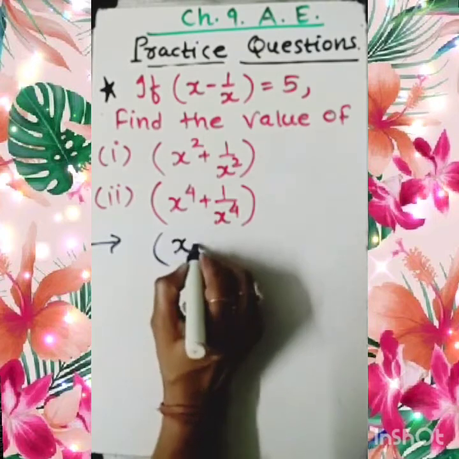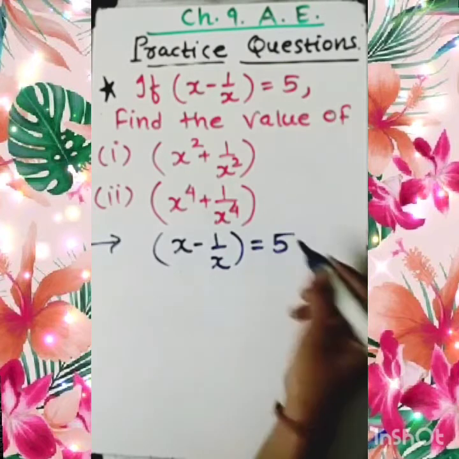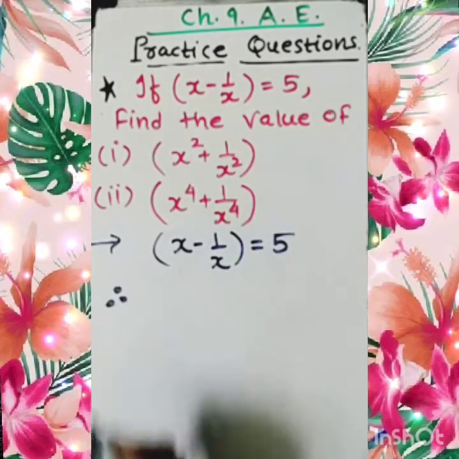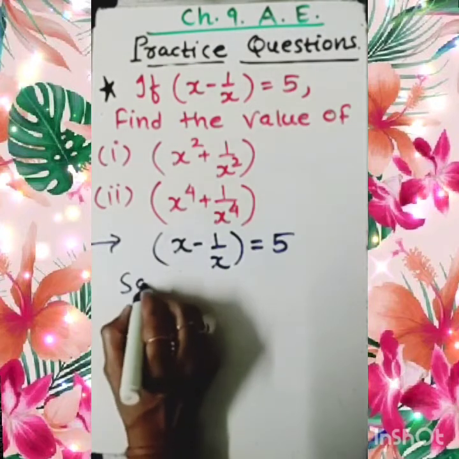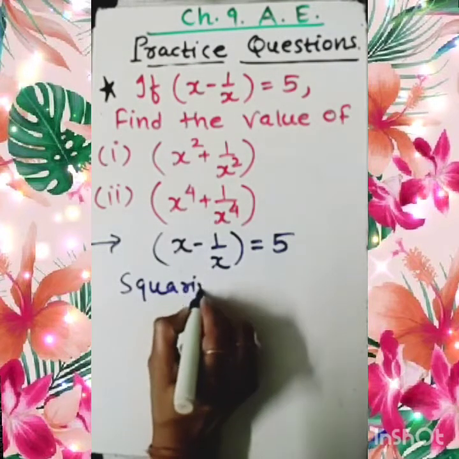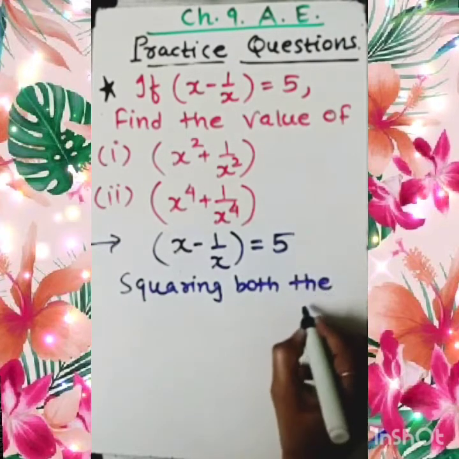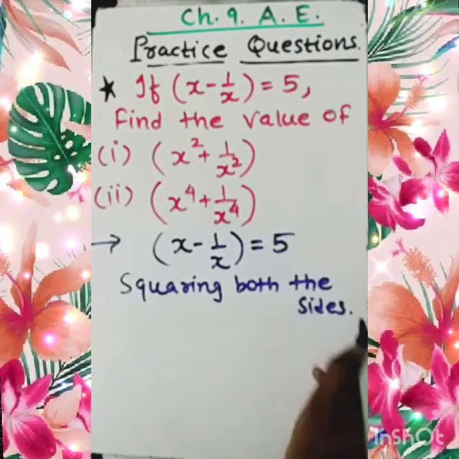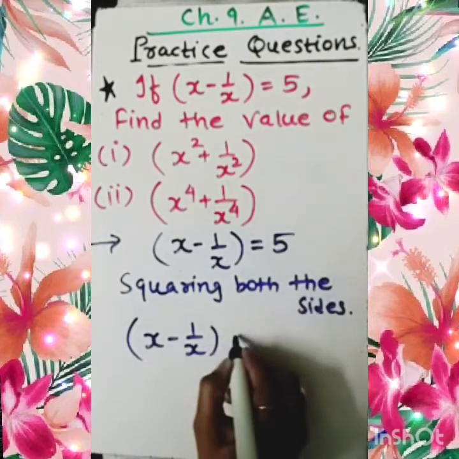First of all, what we are given: x minus 1 upon x is equal to 5. Therefore, what we are going to do is square both the sides. Same technique we are applying, squaring both the sides. If we square both the sides, what will be the result? Let's see.